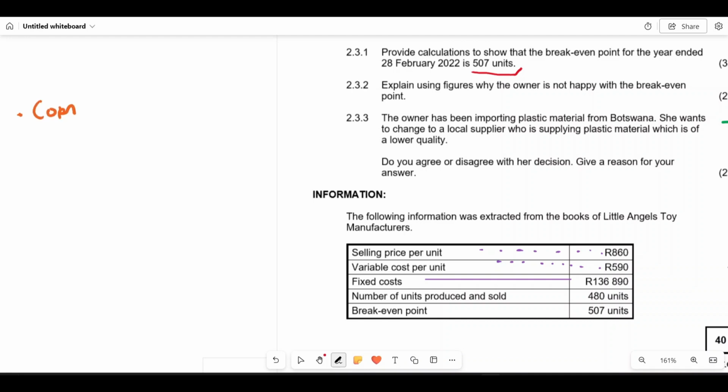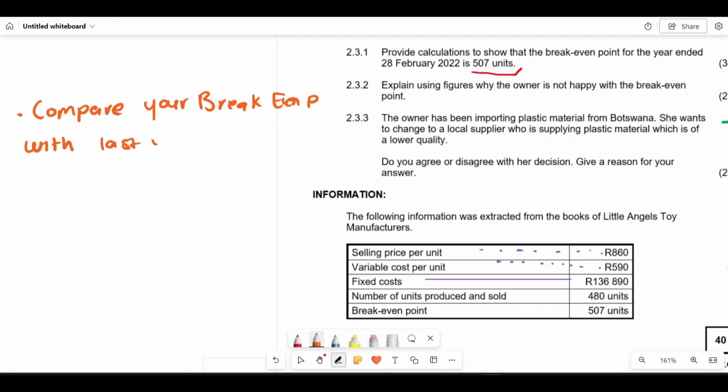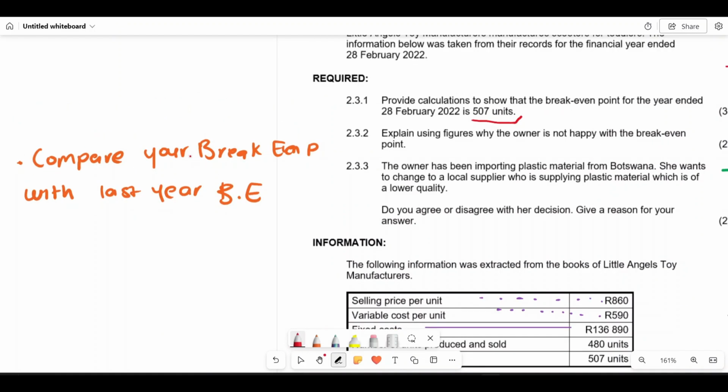So you need to compare your break-even point with last year's break-even. Or basically, you can make this your second point, right? Compare it with your last year's break-even. Now, your first point would be comparing it to the number of units produced, right?